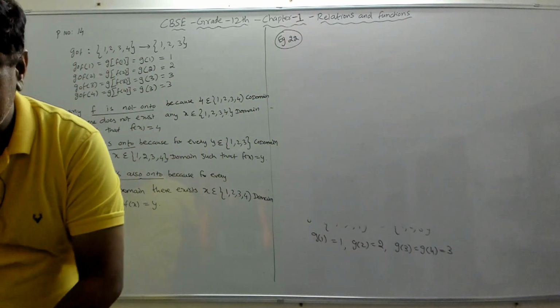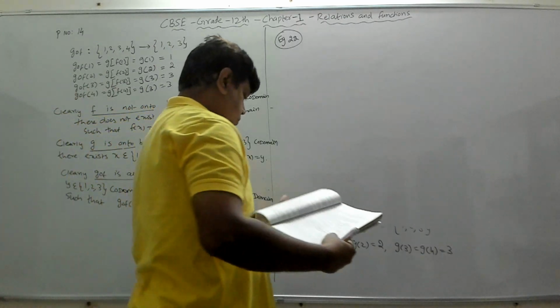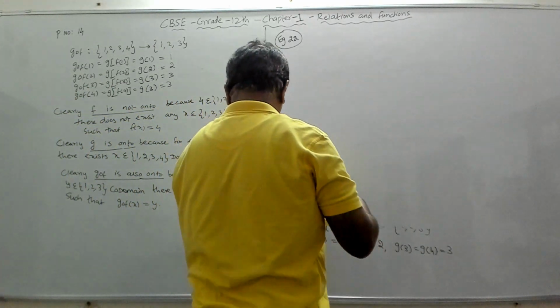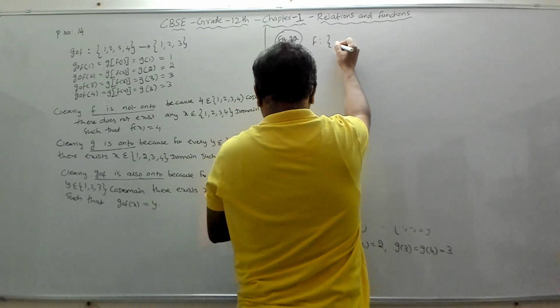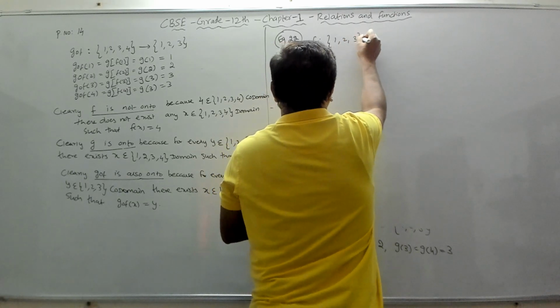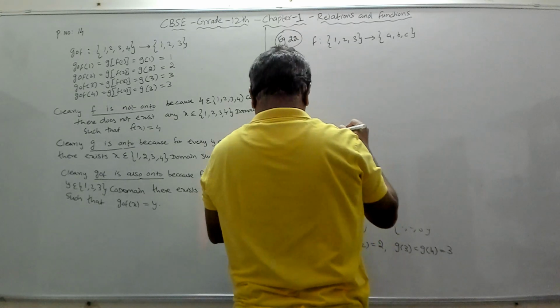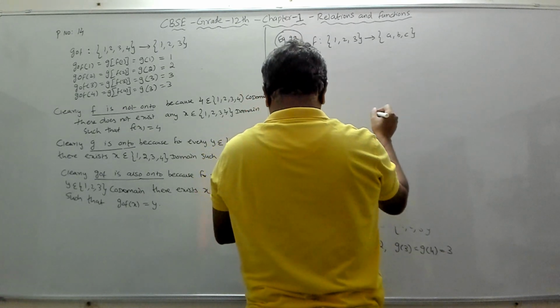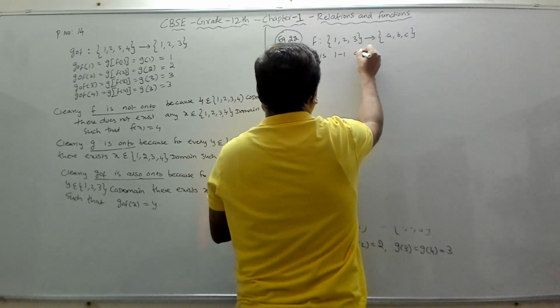In example 22, there is a function that is given. f is a function from the set {1, 2, 3} to the set {A, B, C}, which is 1 to 1 and onto.